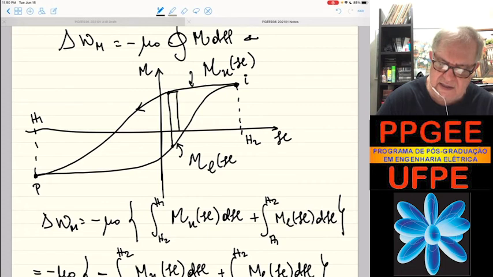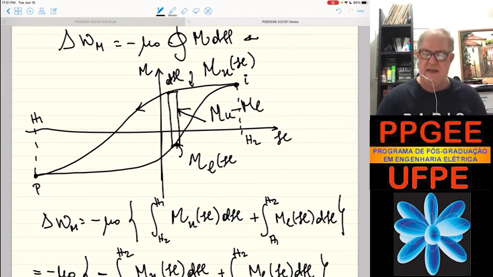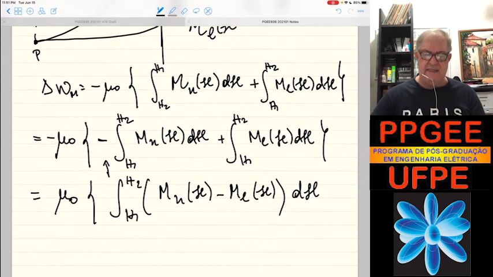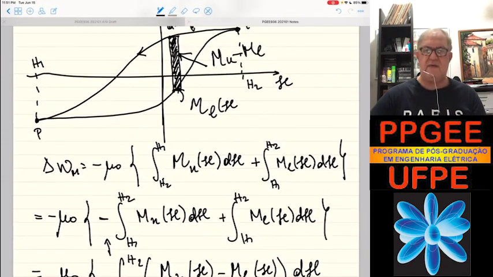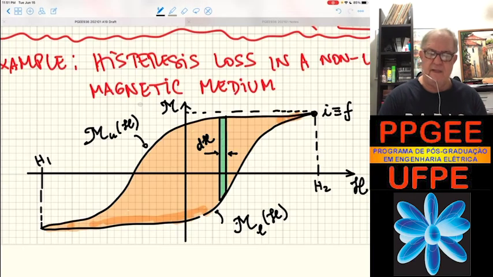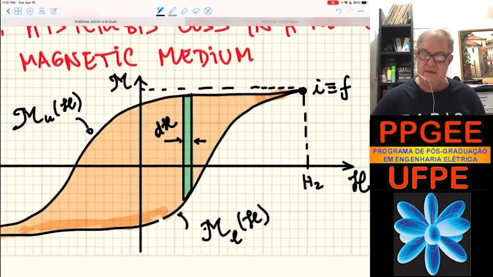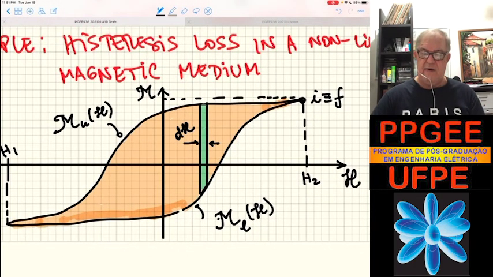We are integrating over h, so this m upper minus m lower is this dashed rectangle here. This integral is nothing less than the area of the hysteresis loop. That's the integral we are making, m upper minus m lower, integrated from h1 to h2. That's going to be this area here.